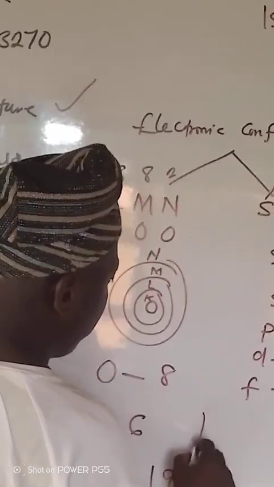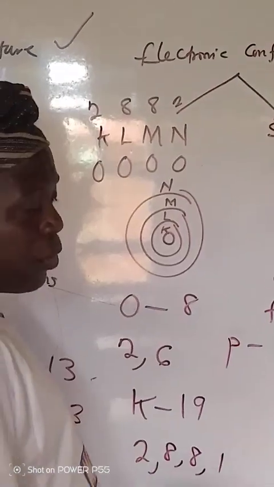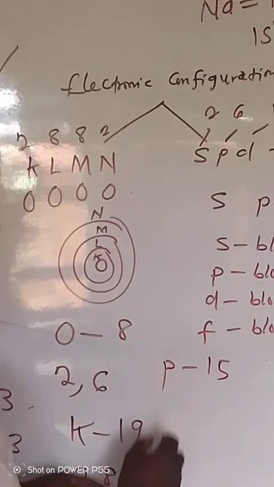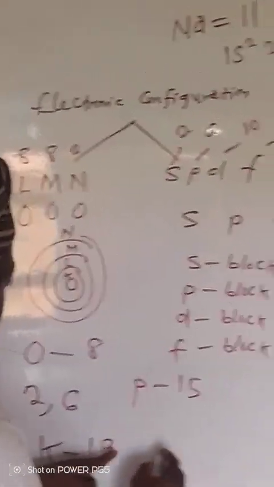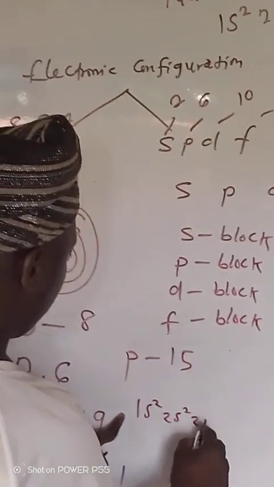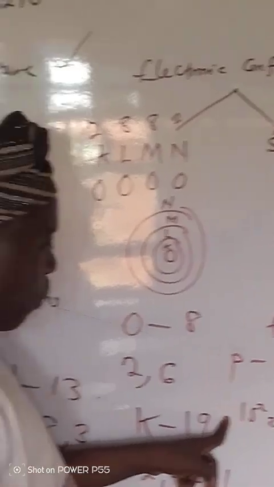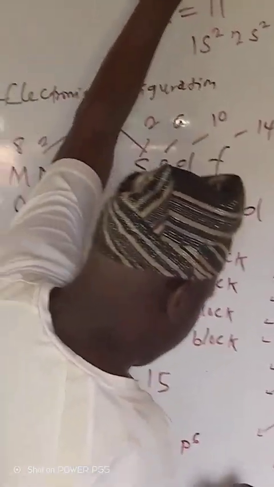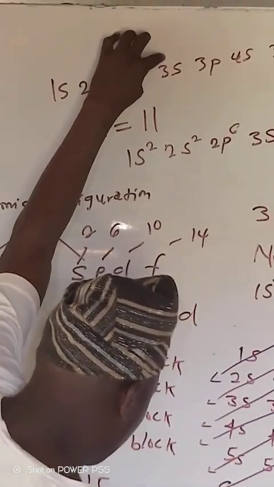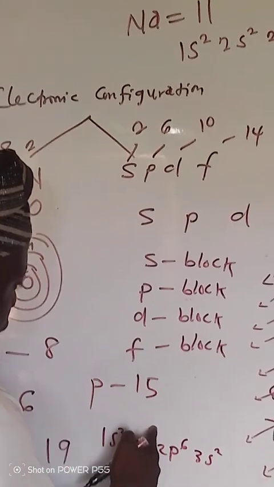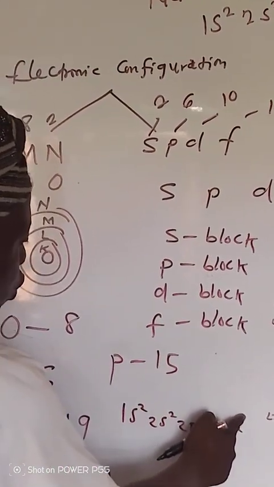Okay, phosphorus. Atomic number of phosphorus is 15. Are you getting me? Let's now write the electronic configuration for phosphorus. 1s2, 2s2, 2p6, make it 10, right? What follows? 1s, 2s, 2p, 3s, 3s2, making how many? 2 plus 2, 4, plus 6, 10, plus 2, 12.